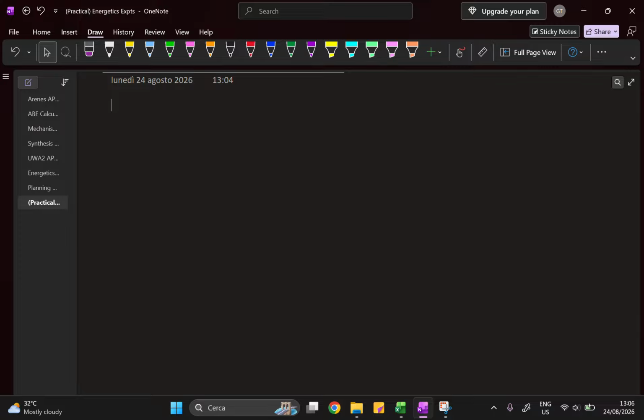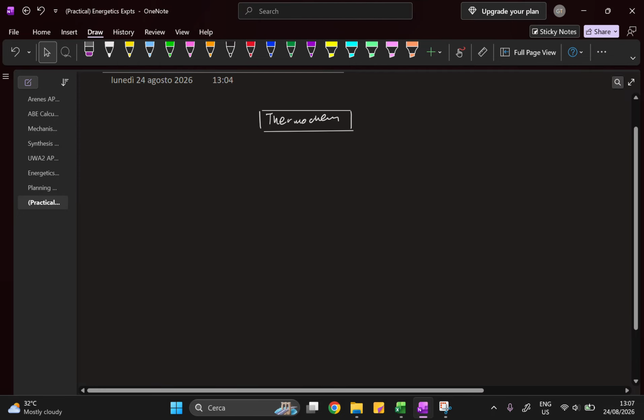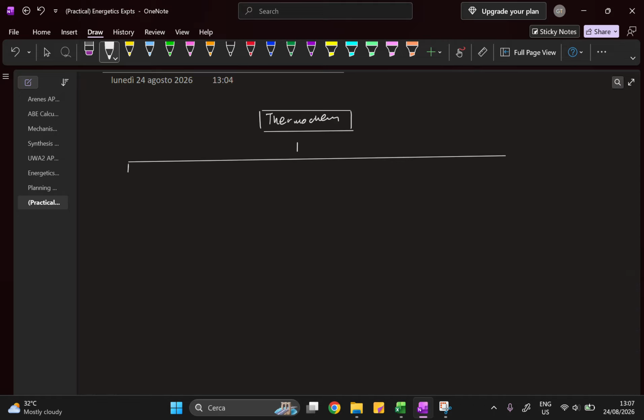So basically, for thermochemistry experiments, there are three different types. Usually the most common thing that they ask you to do in a practical is find the enthalpy change of neutralization. In order to determine the enthalpy change of neutralization, there are two methods that you can use.